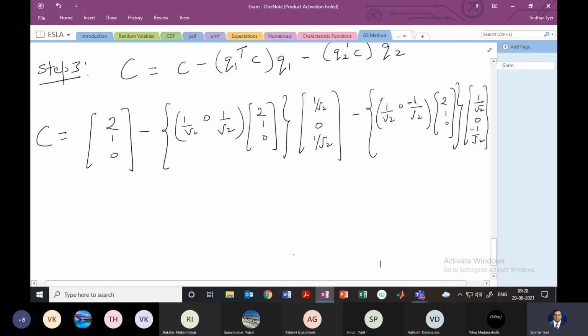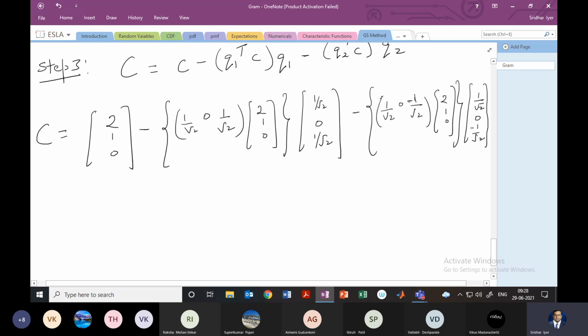We need to sit and calculate this. Okay, so once we calculate that, we'll get the answer for C. So I'll just give you a minute, go ahead and solve this and see what answer you get. Then I will also solve and you can match your answer. So just take a minute and see if you are able to solve it or not.